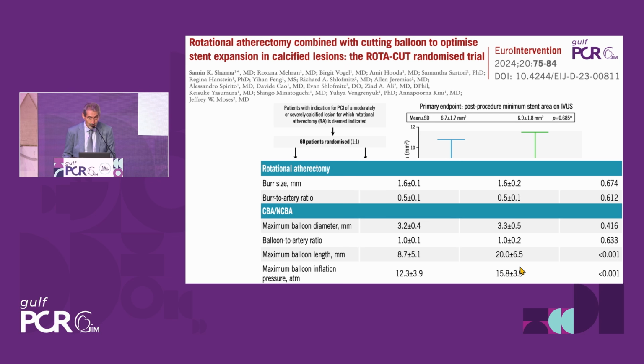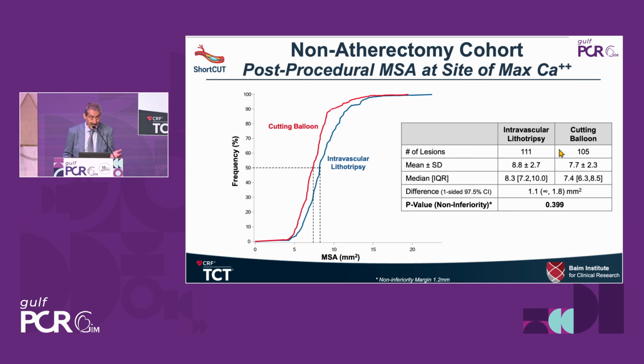Is it what you use in severely calcified lesions? Of course, they can do, because they were all pre-treated with rotational atherectomy, that somehow minimizes the difference between the two devices. If you consider the group not treated before with rotational atherectomy, the difference is larger, almost 1 millimeter, and the value for non-inferiority is not achieved.